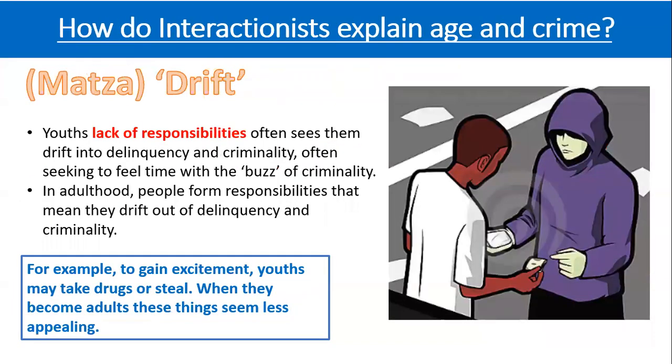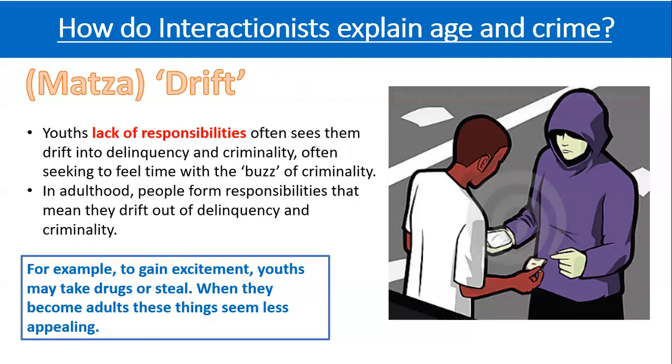Okay, then we come on to the interactionists. And Matza talks about this drift theory amongst young people. So youths have a lack of responsibility and often drift into delinquency and criminality, often to fill time or to get a buzz out of the criminality. So in adulthood, people form responsibilities.